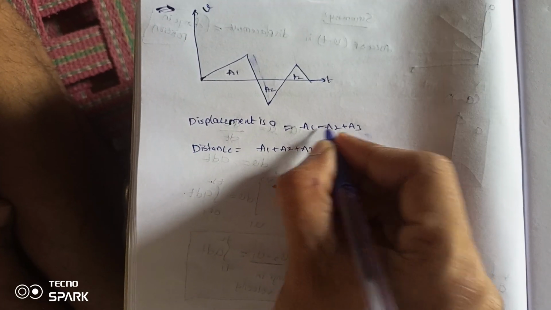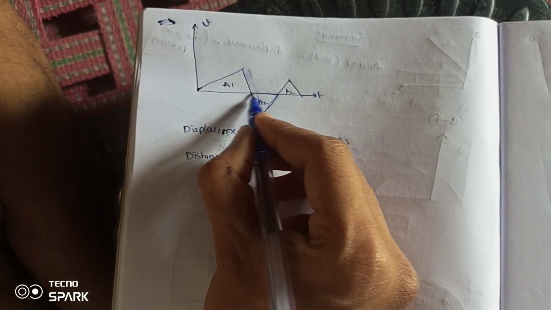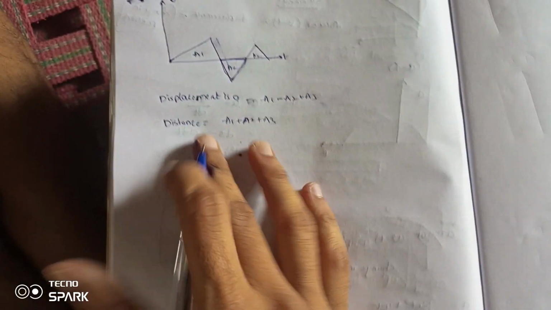This is plus, but a2 is minus because of the negative direction. This is the distance.